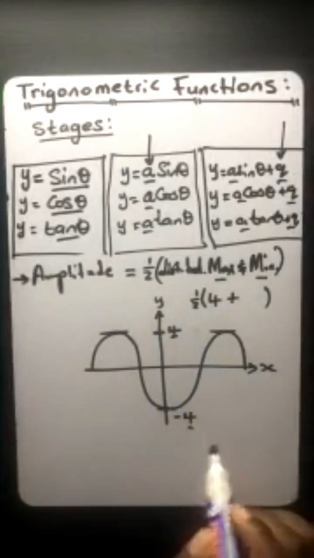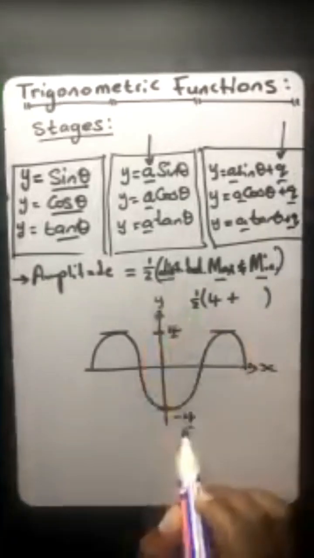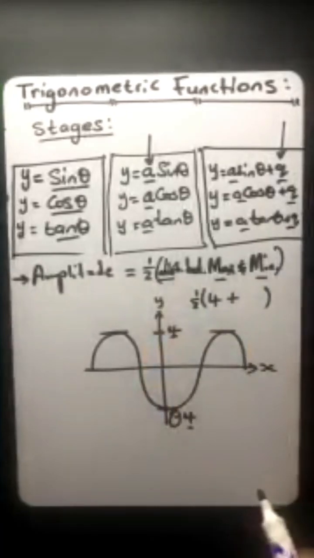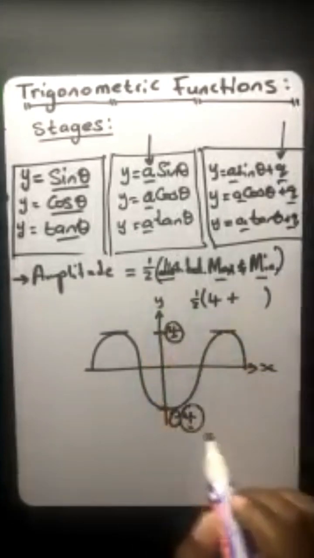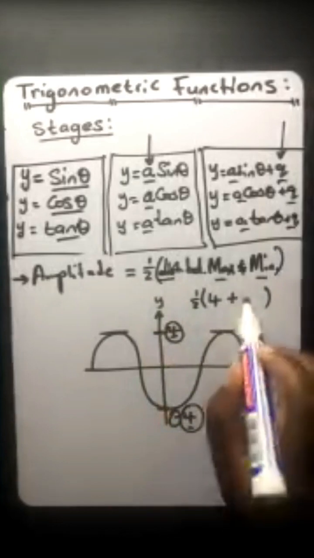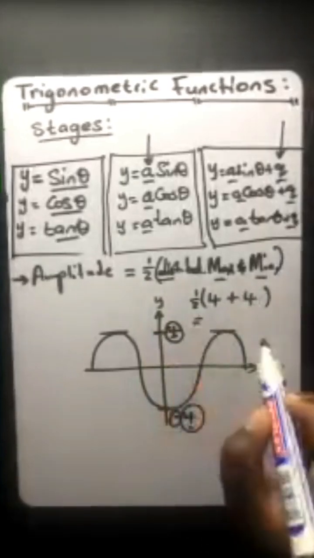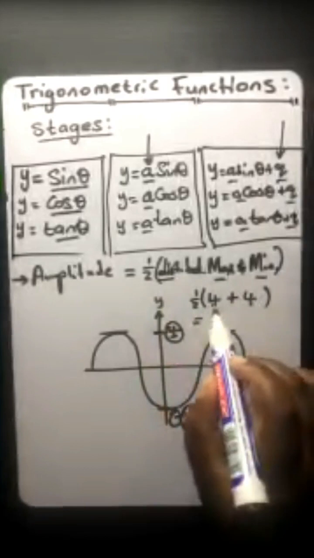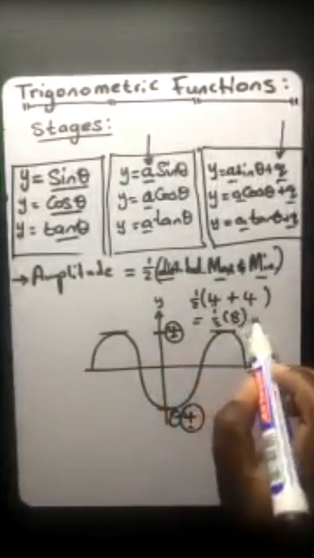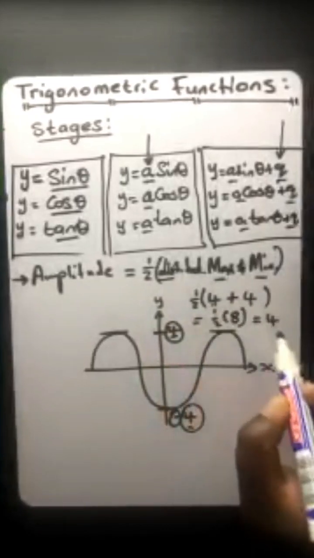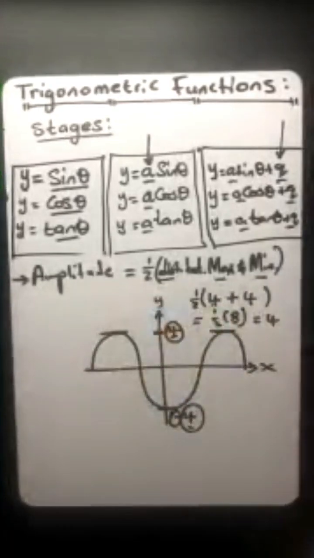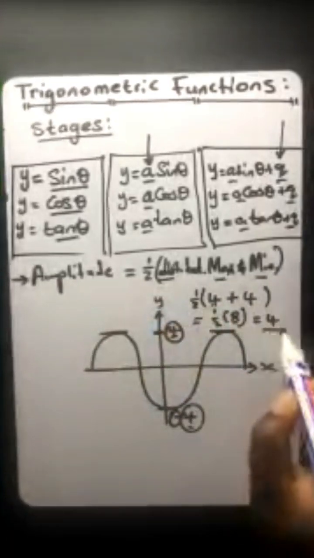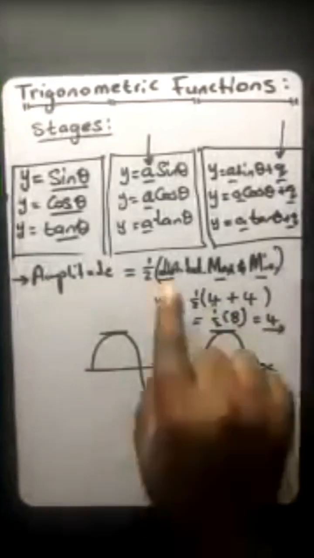Remember, we are talking about the distance, that's why we don't consider the negative. So the maximum value being 4, you add the minimum value being 4. What is the answer? This plus that is actually 8. Half of 8 is 4. So the amplitude of this trigonometric function is 4, and you calculate it using that formula.